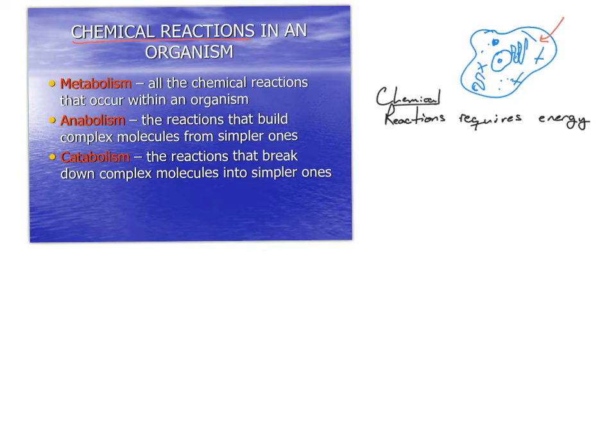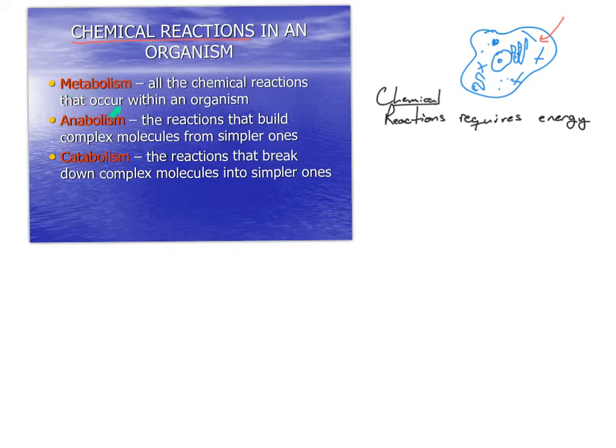Okay, and the process of how many chemical reactions are building or taking apart, we call that metabolism. So chemical reactions require energy, and all the chemical reactions together in any system, in this case your human body, or a cell, or an elephant, or a kangaroo, what have you.